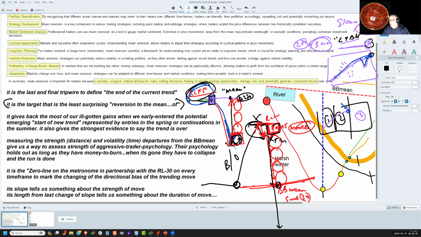Well, what if the next day traders are able to move the price all the way down here and it starts to reverse? In about 4 hours, the RL270 is only going to move about that far. Instead of going up, it's going to flatten out and go right about there.